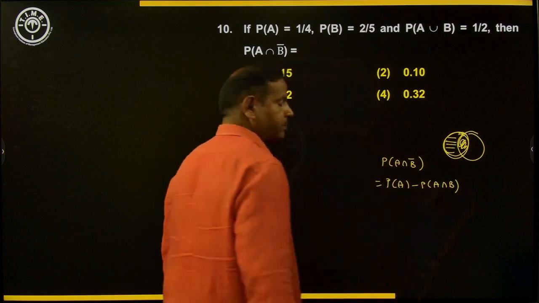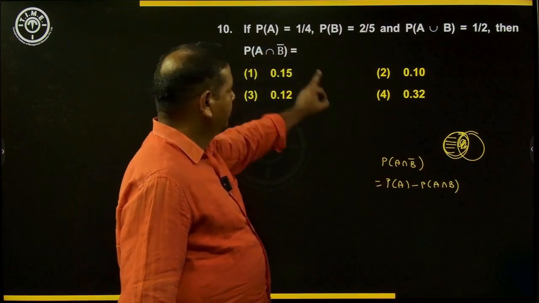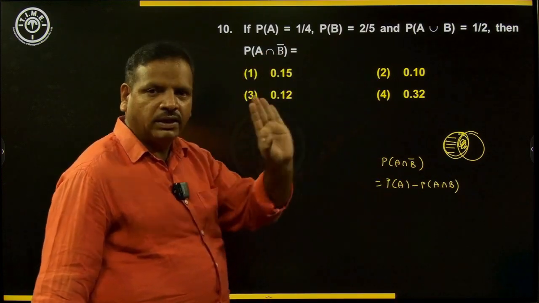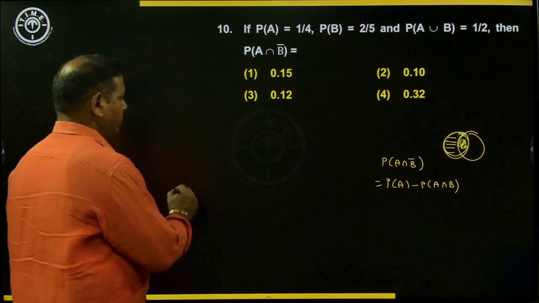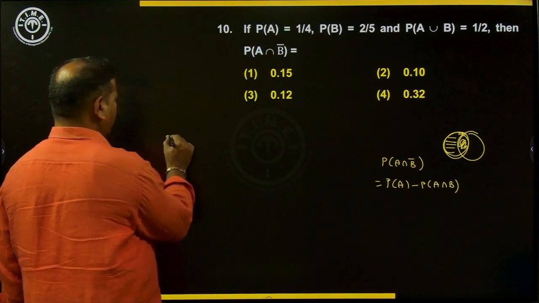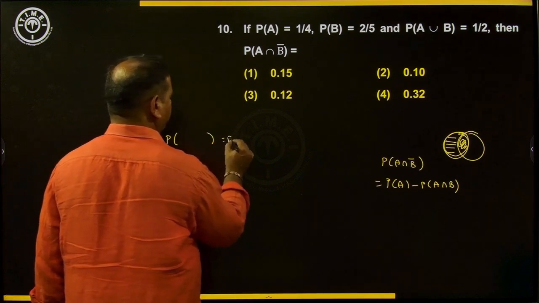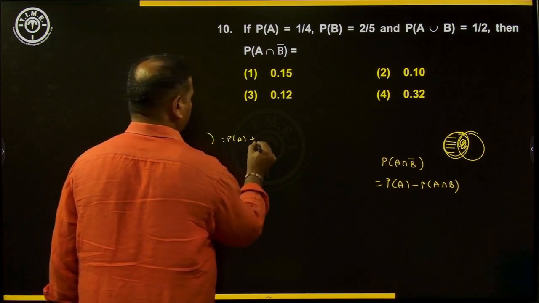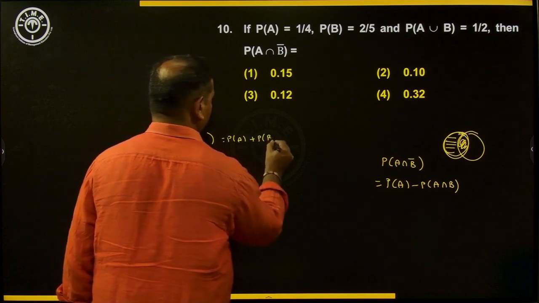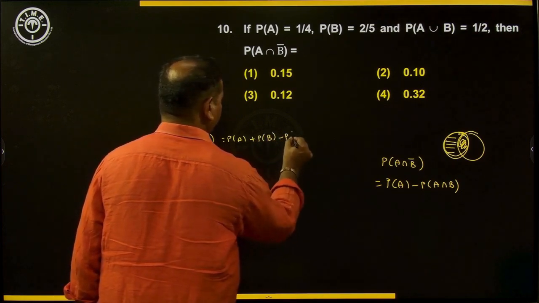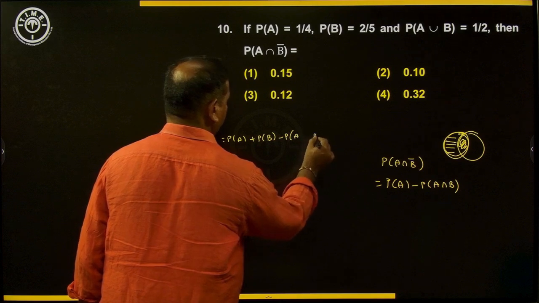Only A means P of A, which we know, but P of A intersection B we have to calculate first. So we have the formula: P of A union B is equal to P of A plus P of B minus P of A intersection B. Yes or no?